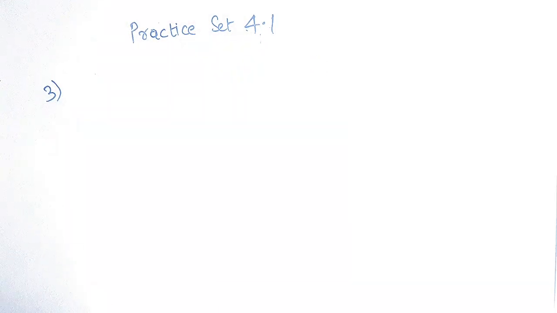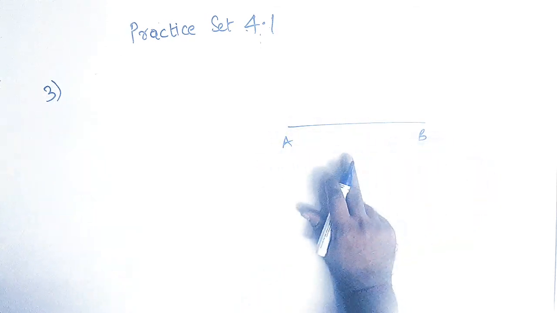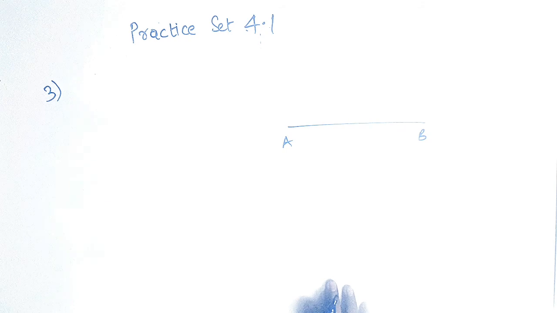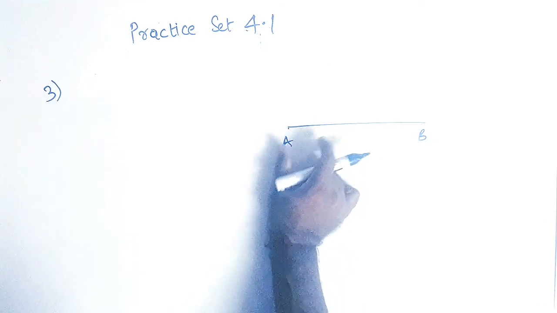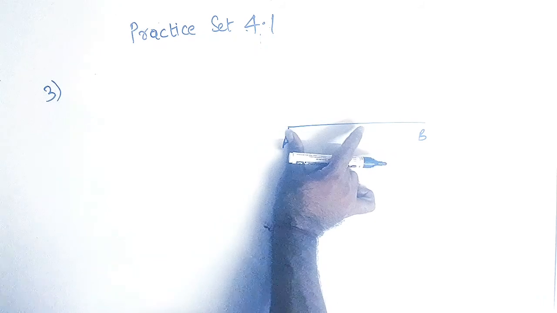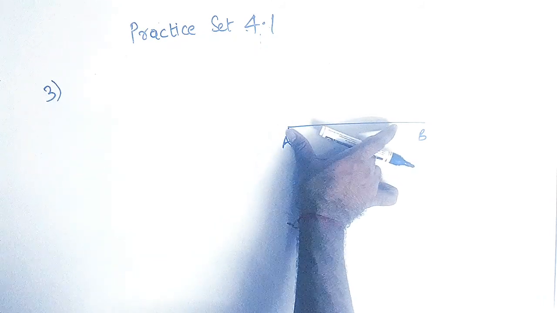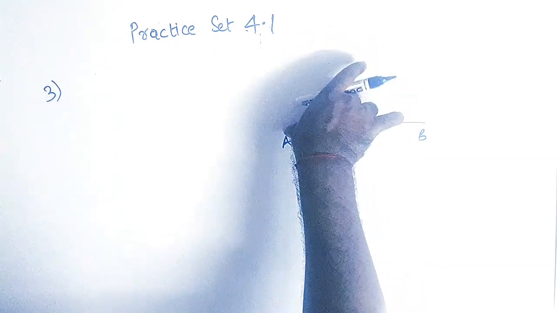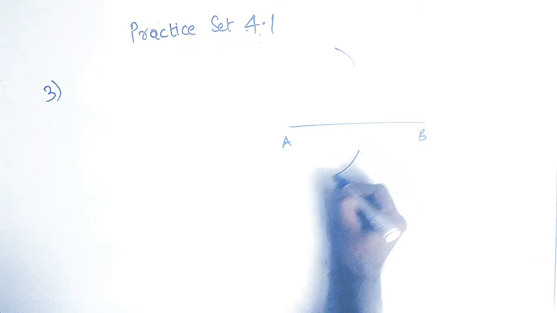Let us see. I'll take side AB. This is any side AB. I want to find its midpoint. How will I find it? I'll simply place the compass here, pencil here, more than half. This is half. Don't take less than half, don't take half, take more than half. With the pencil, draw two arcs above and below.